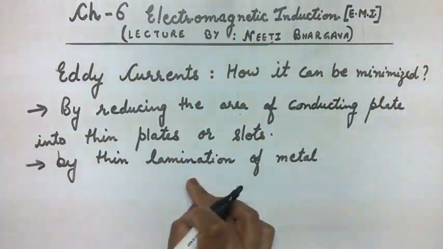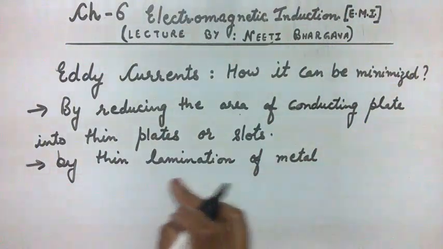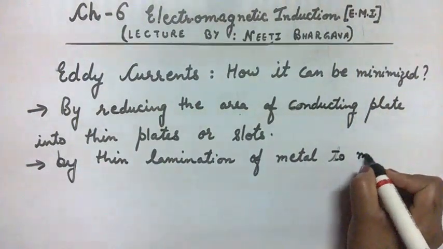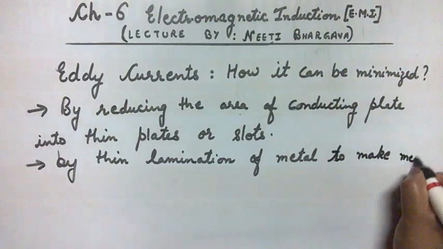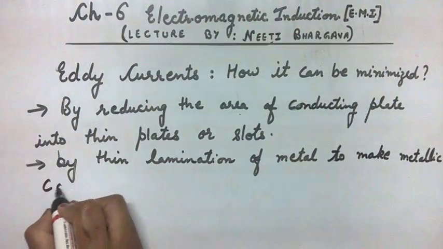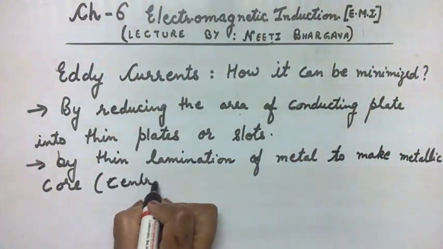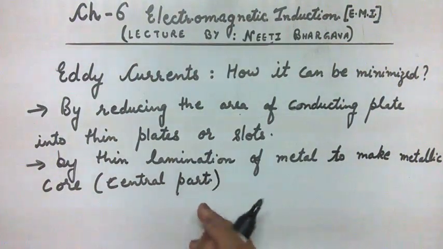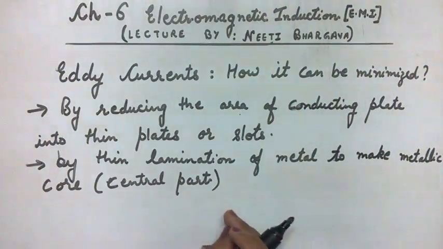By this lamination we make a metallic core. What is the meaning of core? Let's see. By thin lamination of metal to make a metallic core, and core is the central part. We use it in many electrical devices like transformer, dynamo, electric motor.